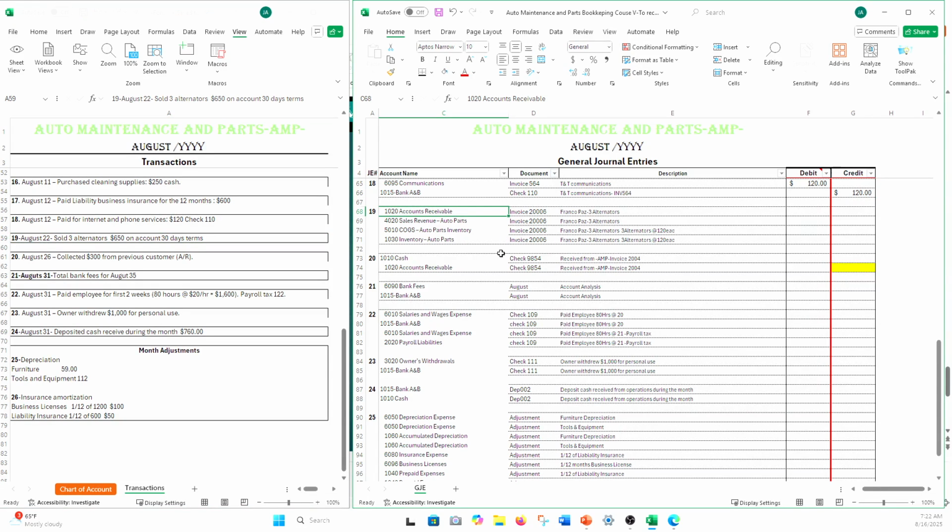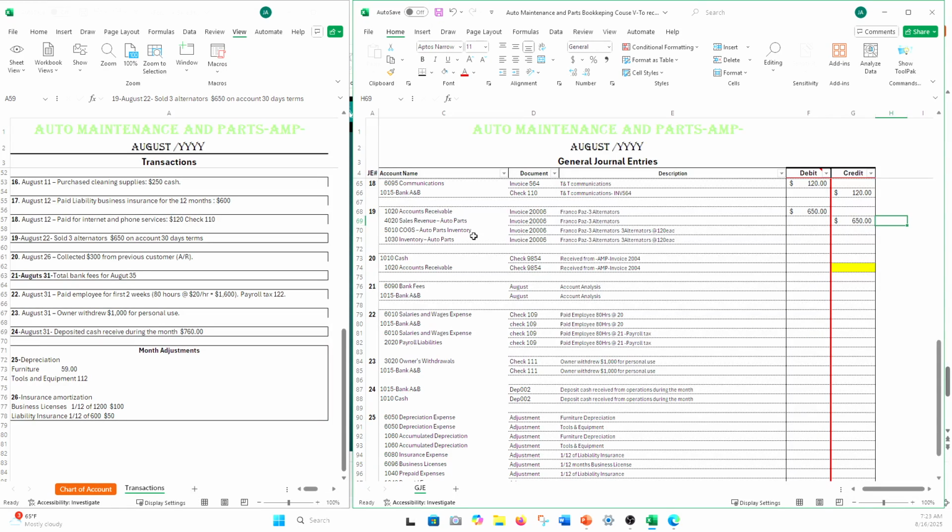We have accounts receivable here, invoice number, Franco Paz, and we can put any additional information that makes sense. We charge $650, because we just sold him parts. So we are going to use sales revenue of parts, another $650. Great.